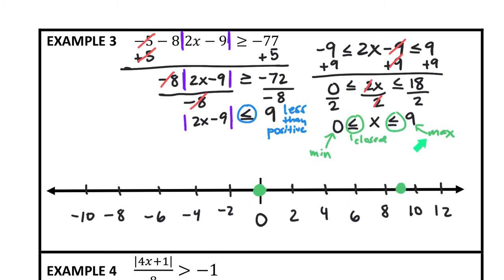And then I have minimum and maximum, and I'm going to shade everything in between. Shading everything in between. And there, I'm done with example 3.